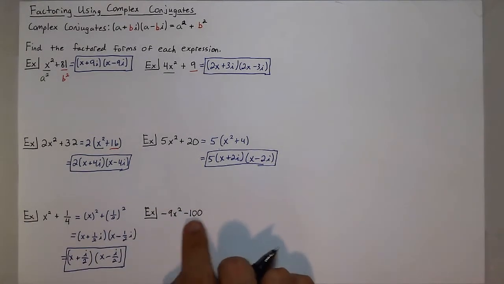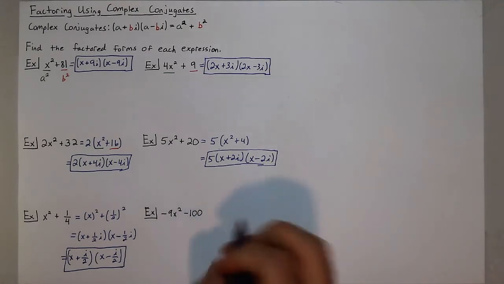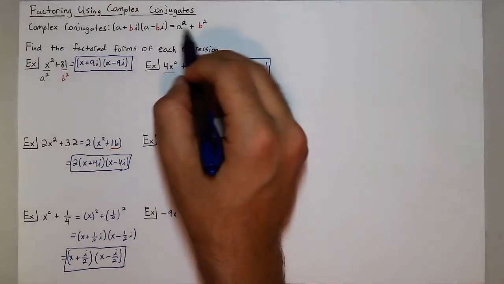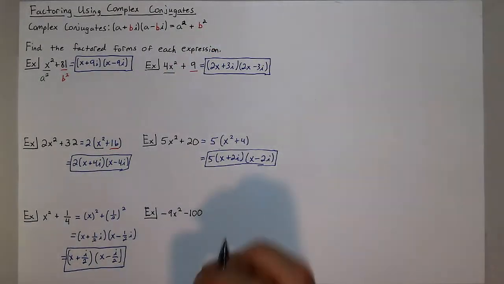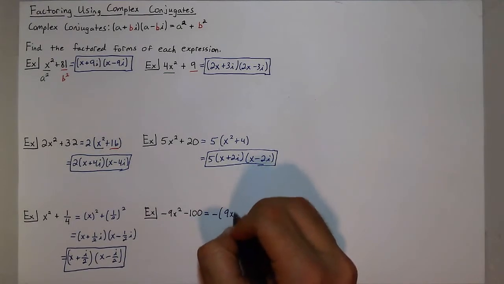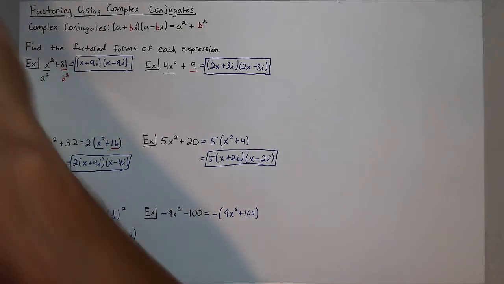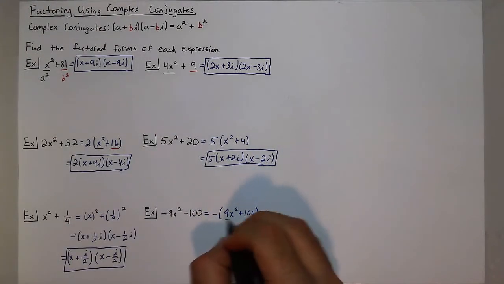Now lastly, we don't have a sum of two squares, but they're actually both negative, which means that if I were to factor out a negative, they'd both be positive, and that would set up my sum of two squares situation. So I'll factor out a negative, giving me 9x squared plus 100, which both of these are perfect squares.